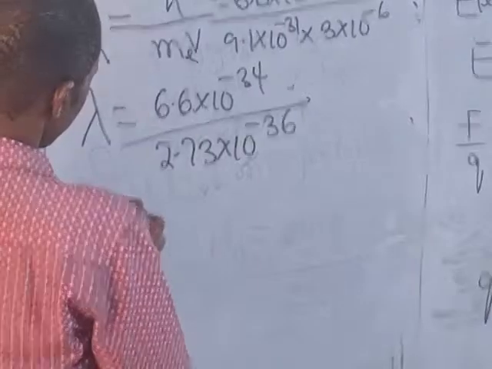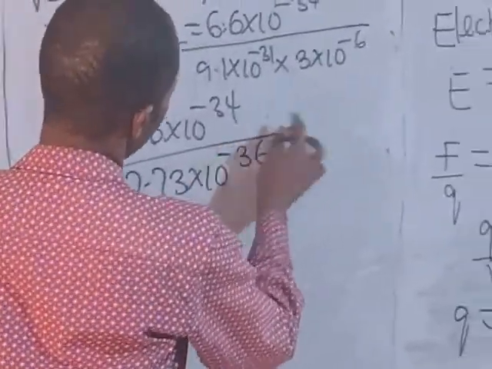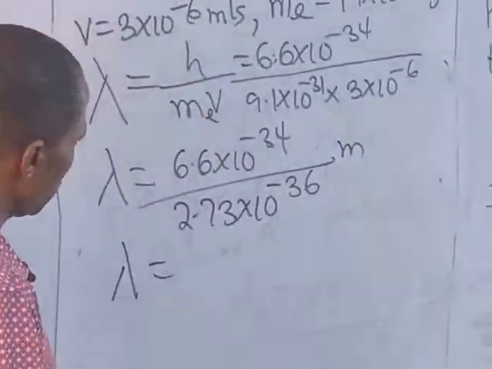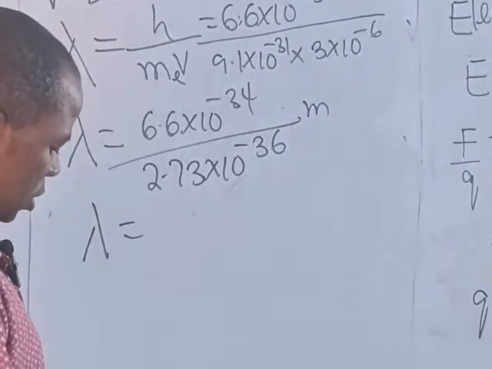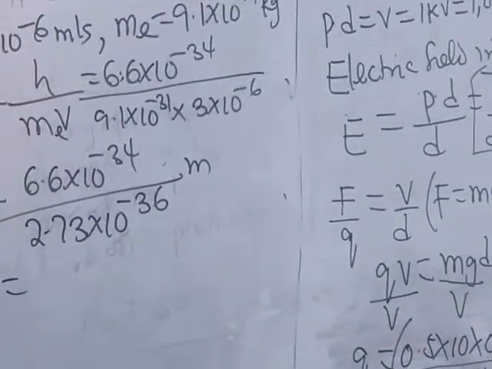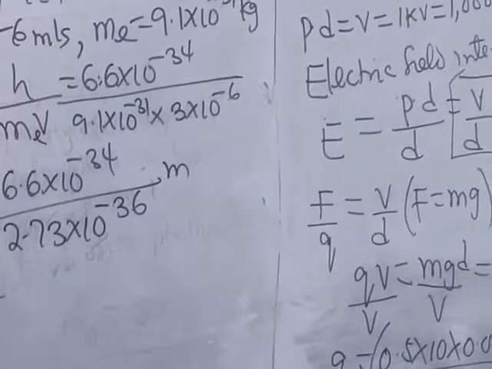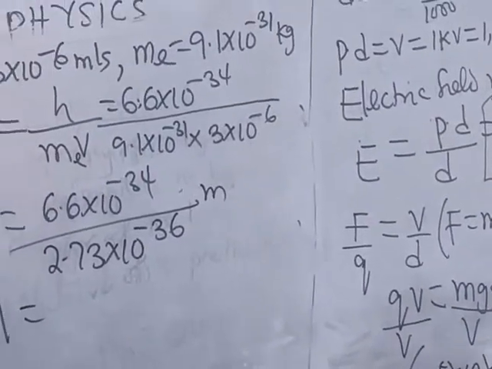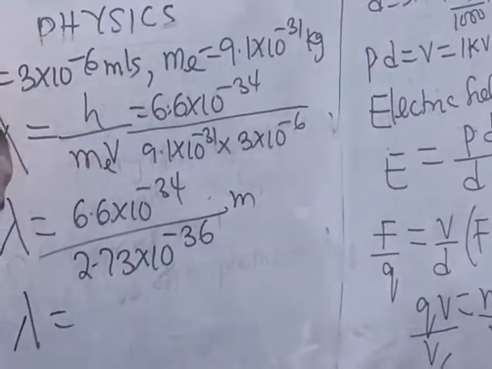And then if you divide now, don't forget the unit of this is going to be meter. So that's 6.6 times 10 to the power minus 34 divided by 2.73 times 10 to the power minus 36.